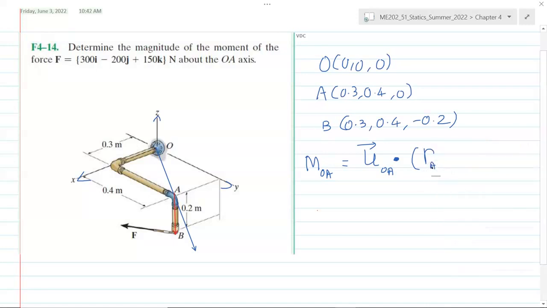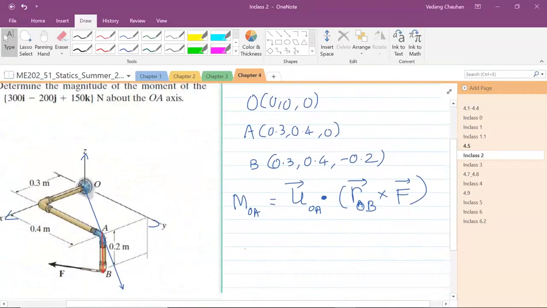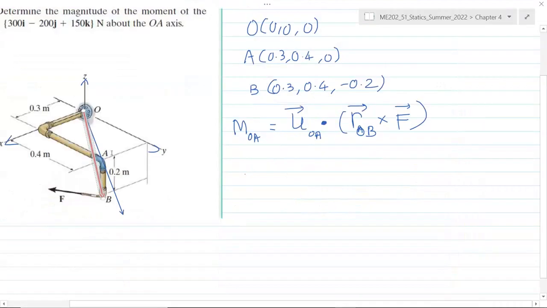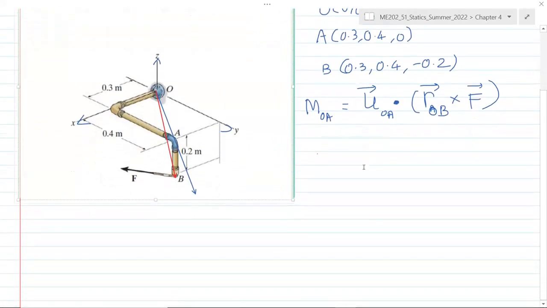We can select ROB for this matter, cross F. We can have two different position vectors for the moment calculation. We can have AB as the position vector, or we can also select OB. There is an advantage of selecting OB because the coordinates of O are 0, 0, 0, so that will simplify our calculation a little bit.